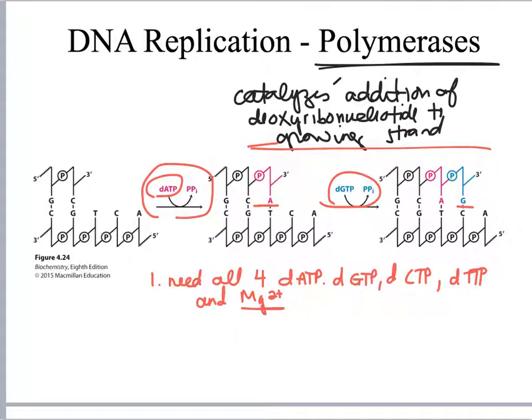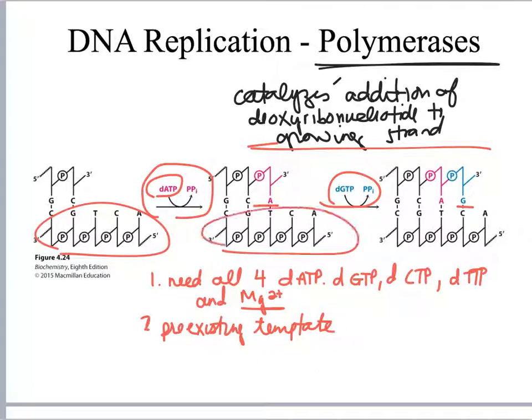The new strand is assembled directly on a pre-existing template, so we need that pre-existing template. And we can see that here, there's our pre-existing template on which we're growing. You need a primer to begin the synthesis.